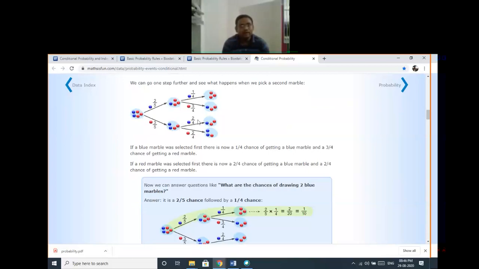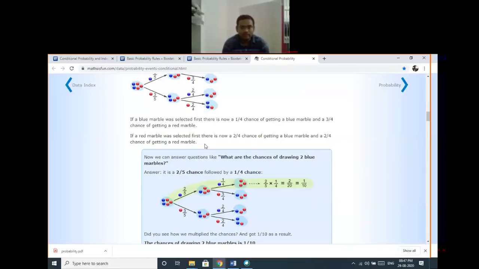The next blue marble probability is different because we have taken a red marble, so that is 2 upon 4. This blue one is not changed right now, it remains as it is, so that's why 2 upon 4. Similarly, this is 2 upon 4 again, because we have taken one red marble in the previous event.